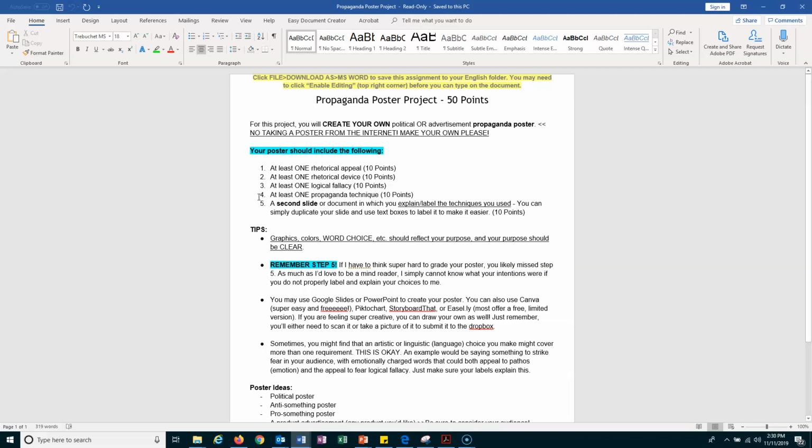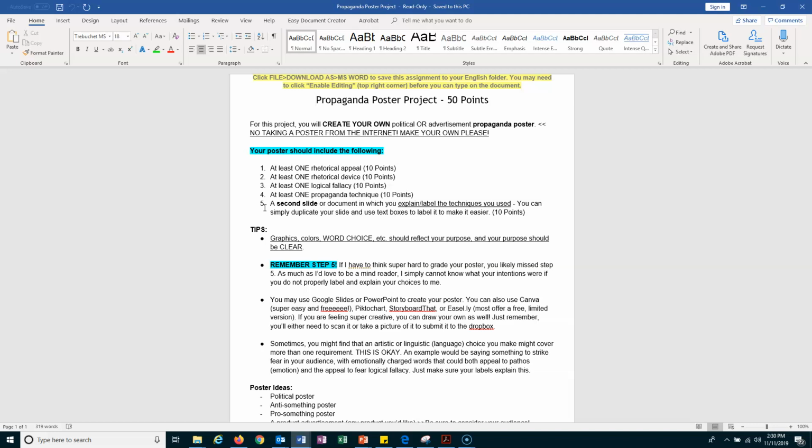The second thing that is required is that you need to make sure that you have a slide that labels everything. I may not know if you're using hyperbole, or I may not know if you're using personification. I may not know if you're using pathos or logos or ethos.